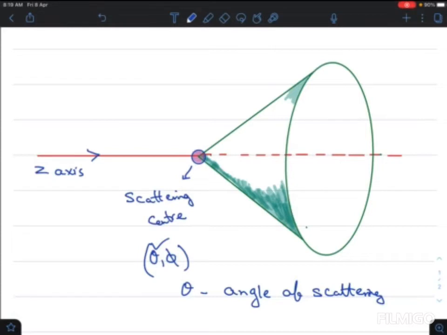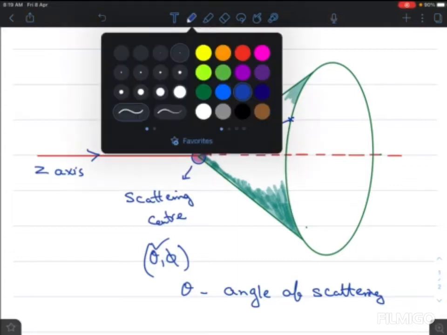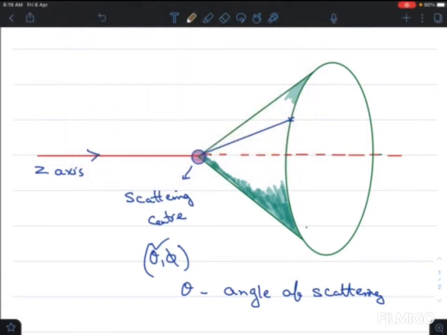So I just make a point here. Okay, I'll draw a line to this point. Then this angle, that is, the angle which the scattered direction makes with the Z axis, is the angle of scattering, or scattering angle also. So it is an angle between the scattered and the incident direction.